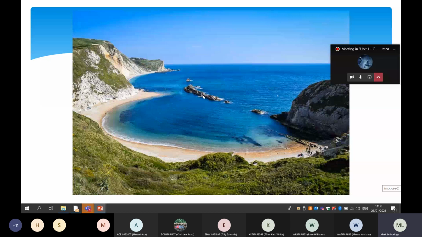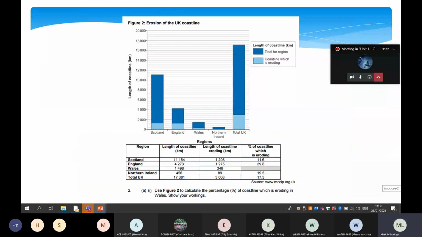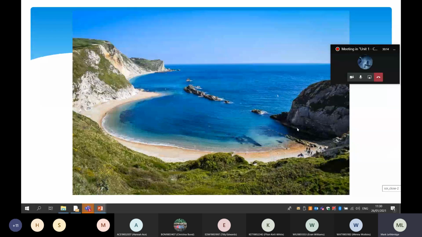If you look at Durdle Door from the other side of the little headland that it's on, you get a similar sort of makeup. That is basically the rear end of Durdle Door. That is its backside. And again, you can see these little lumps of rock which are made out of the exact same thing that Durdle Door is, sticking out across the coastline. And again, if you look at this bit from a slightly different angle, you start to see how all of these different rock types are interacting along the coast.